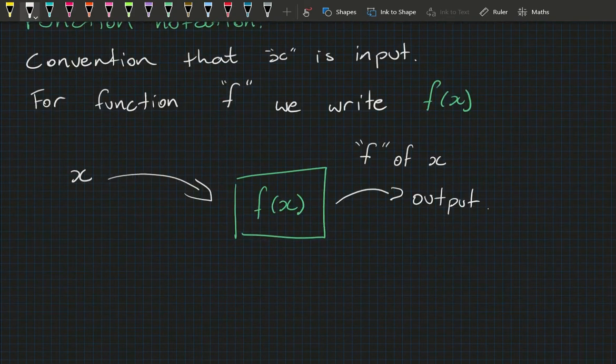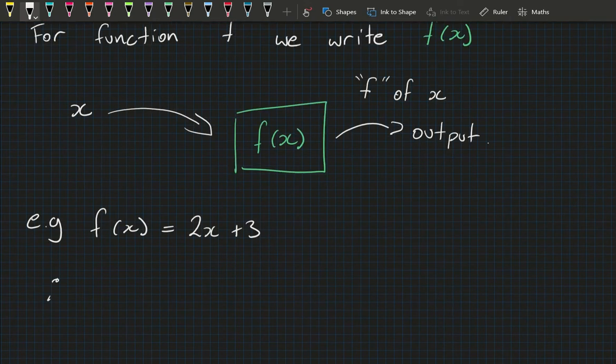So, for example, we could have f of x is equal to 2x plus 3. The beauty about this notation is you don't need to write when x equals whatever. If I was to say when x is 2, in this case, we just write f of 2. So you can see I've got the 2 in place of the x in the brackets. So that means that the 2 takes the place of x inside that equation.